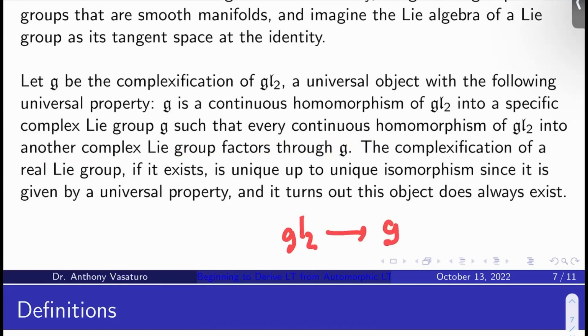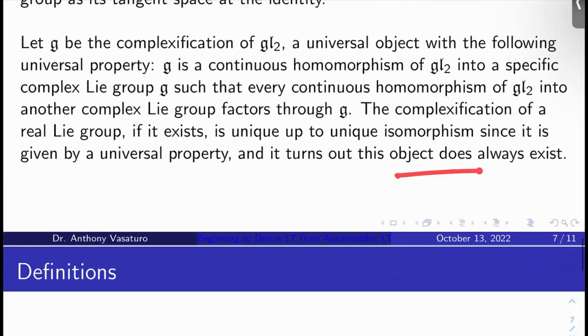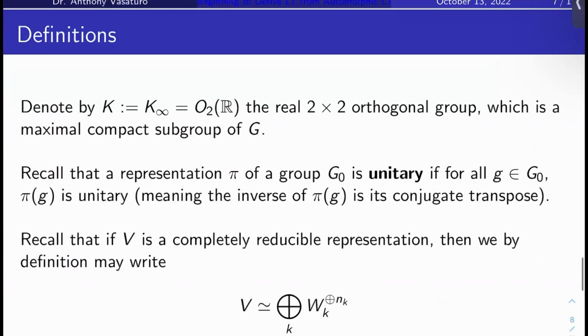If I have any other map from GL2 into another complex Lie group H, this diagram must commute with some unique map here. That's all I'm saying. The complexification of a real Lie group, if it exists, is of course unique up to unique isomorphism by universal property, category theory nonsense. And it turns out this object does always exist. So that's one piece of the setup we need.